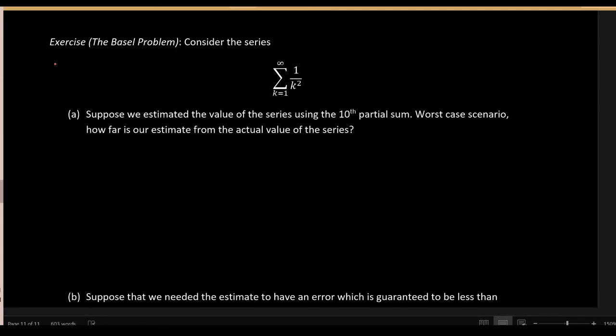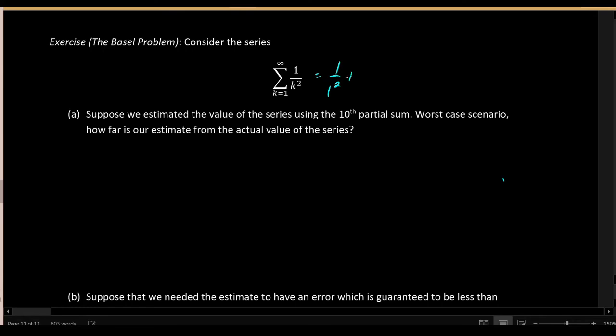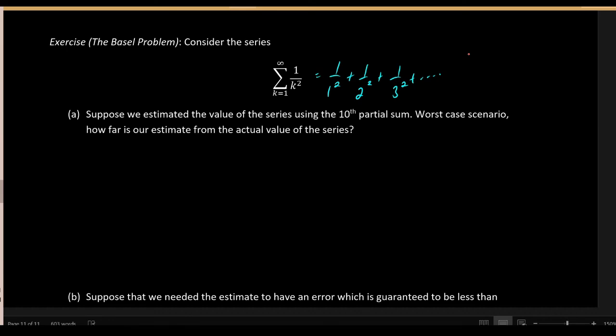And the problem was, what is the actual value of the number that you get by adding together the reciprocals of squares? 1 over 1 squared, 1 over 2 squared, 1 over 3 squared, and so on. We know from the p-series test that this must converge to some number. But the problem that was outstanding for a long time is, what number is this actually?